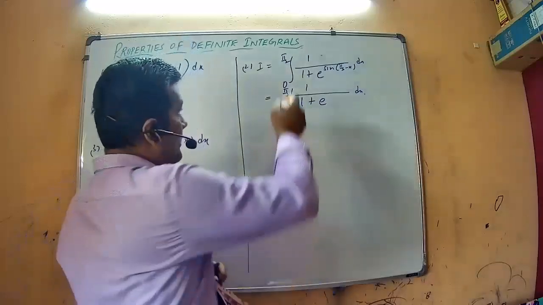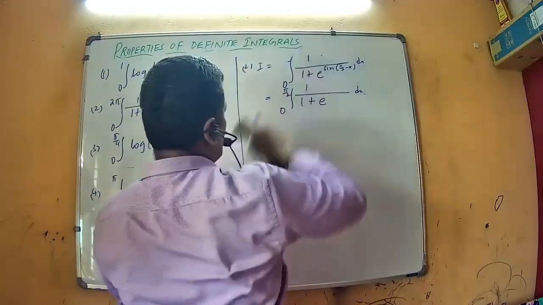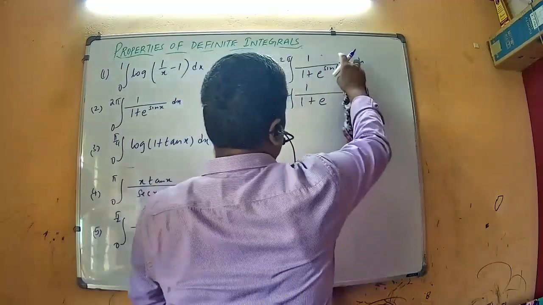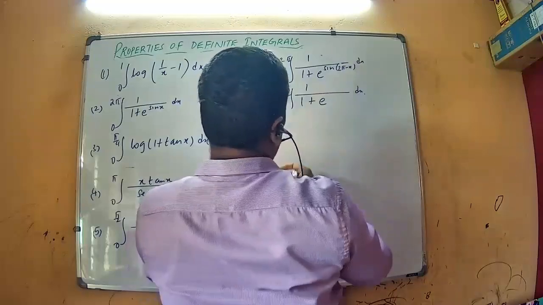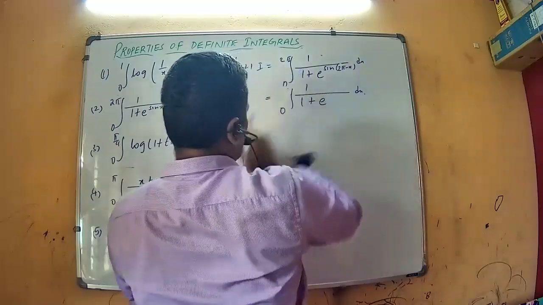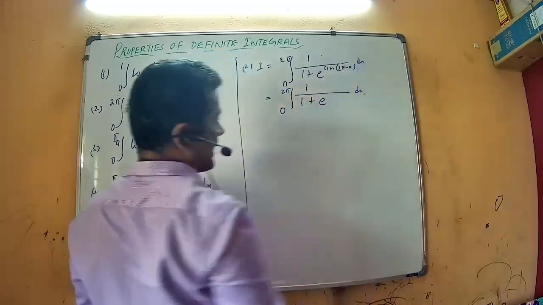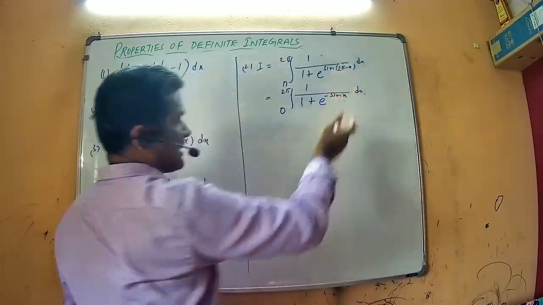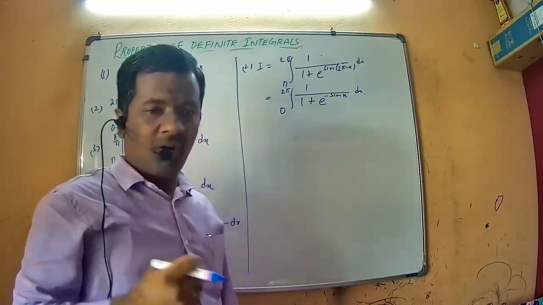Here the limit is 2 pi, not pi by 2. So this is sine of (2 pi minus x). Sine of 360 minus theta will be minus sine theta. 360 minus x falls in the fourth quadrant.